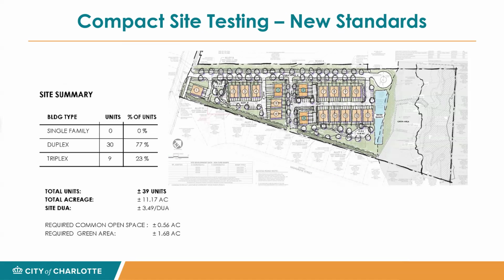If you were to max it out before, and do all triplexes, you could probably get about 10 to 11 more units. Again, I just want to caution everybody that every site is a little different. So it's really hard to jump to a conclusion of a blanket X reduction, because every site is unique and different in how it lays out. So next slide.